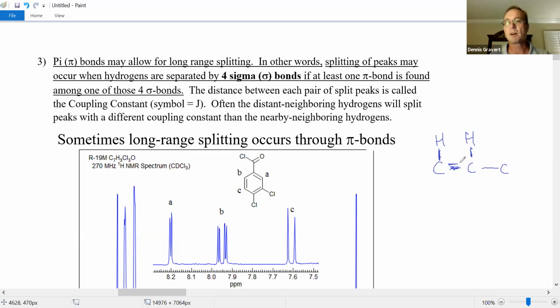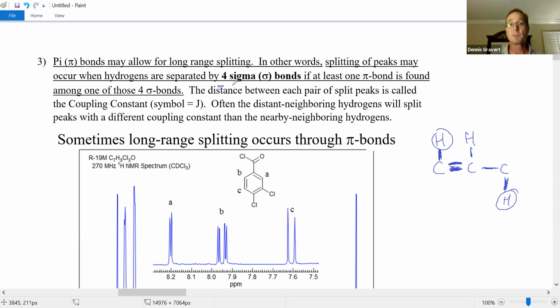that if you have a pi bond in the system along the way, sometimes you can get distant neighbors to detect each other. So 1, 2, 3, 4 sigma bonds normally should be too far away, but if along one of those sigma bonds there's a pi bond, you can sometimes get long-range splitting, meaning they behave like neighbors even though they're farther than being on adjacent carbons.